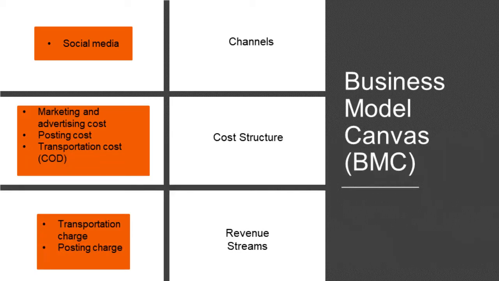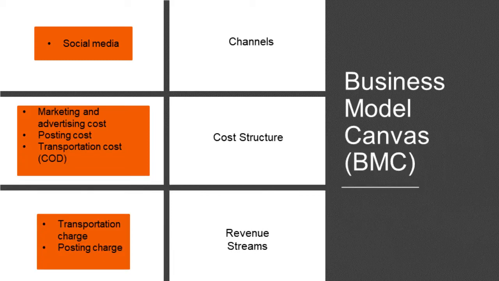The other key segment is cost structure. Cost structure refers to the types and relative proportion of fixed and variable costs that a business incurs. For Corndog Frozen by Ida, the cost structure includes marketing and advertising costs, posting costs, and transportation costs. It is easier to reach a larger audience using paid advertisement as a form of marketing and advertising.